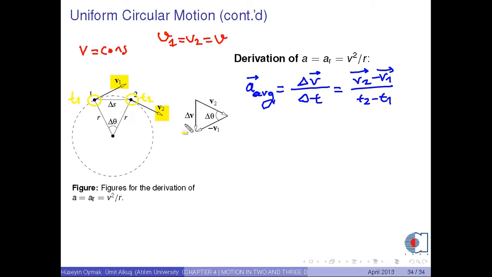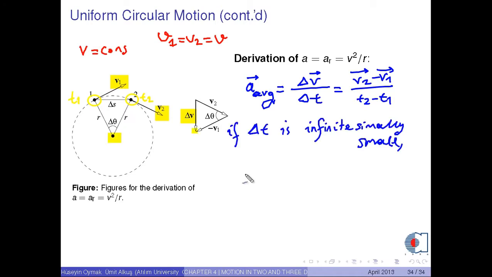We are then required to determine Δv = v2 − v1, which we have performed graphically in the vector triangle shown also in this figure. We notice immediately that Δv is directed toward the center of the circle. This conclusion is also valid if we let time Δt be infinitesimally small.